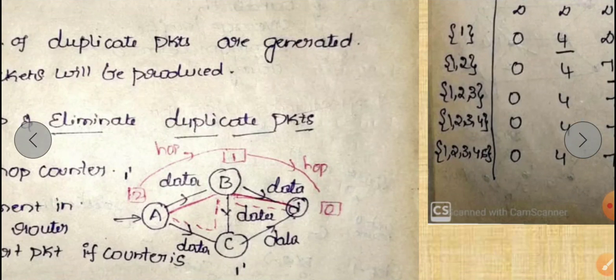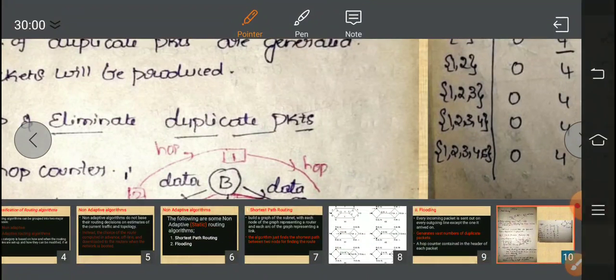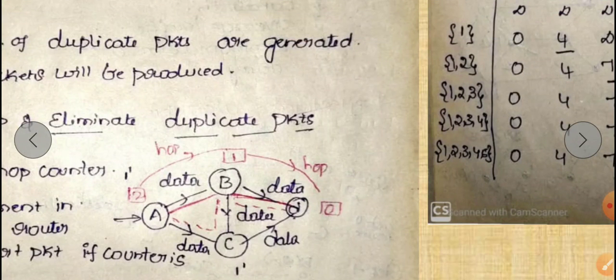When it is forwarded from A to B, one will be reduced. Once the packet reaches the B router, it is reduced to 1. So when it reaches from B to D, it is reduced by 1. So the hop count is 0.